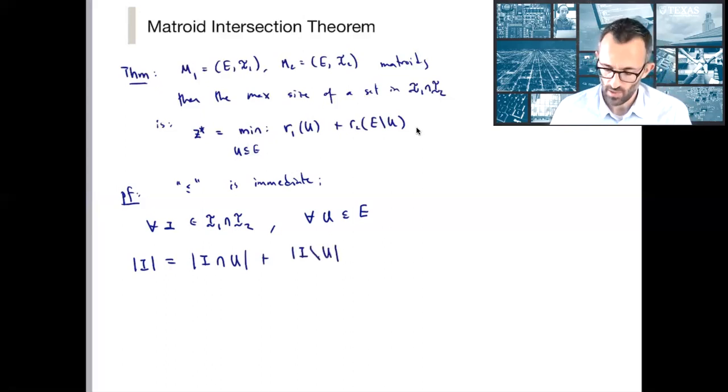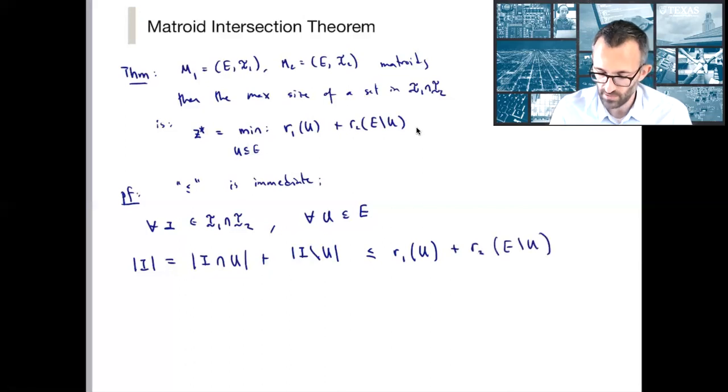So that's straightforward. But then, because I is in calligraphic I1, and because every subset of I is also in calligraphic I1, the cardinality of I intersect U is less than or equal to the size of the largest independent subset of U, because perhaps it's more than the cardinality of I intersect U. You may have some larger independent subset that is not a subset of I. And similarly for the second term.